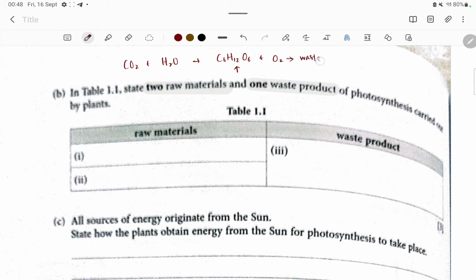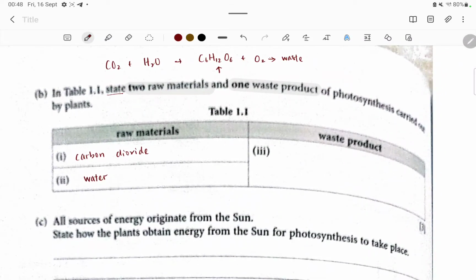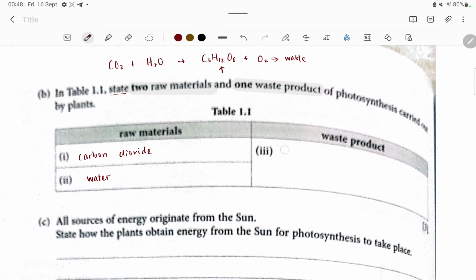So raw materials, if they asked you to state, you have to write the full name. So carbon dioxide, and then water. What they form? Waste product, oxygen.